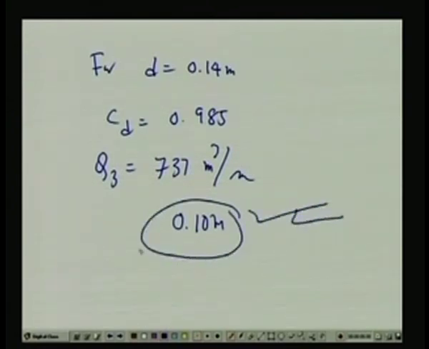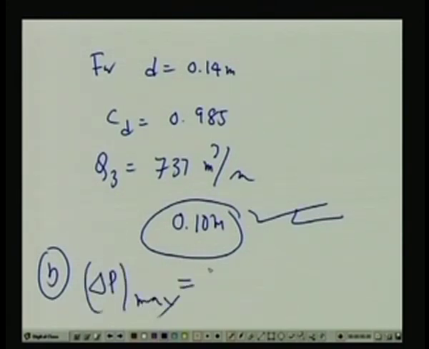In this case, we can calculate the delta P max by applying our main formula again.